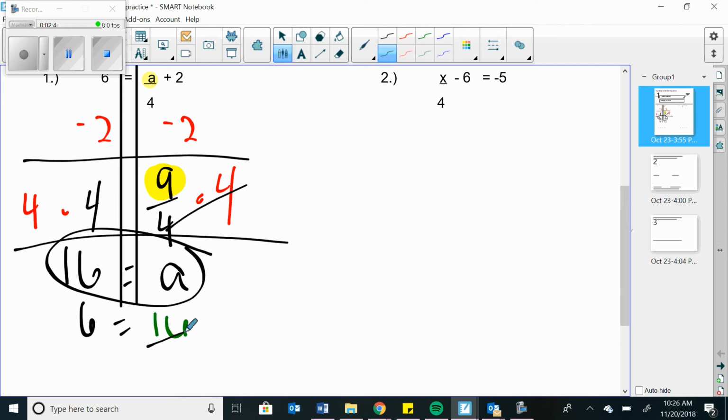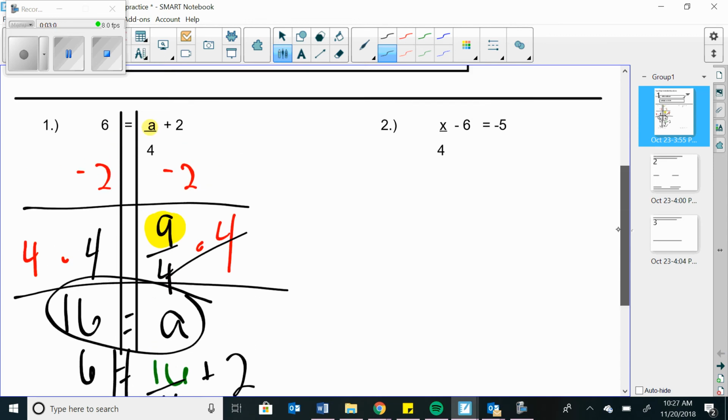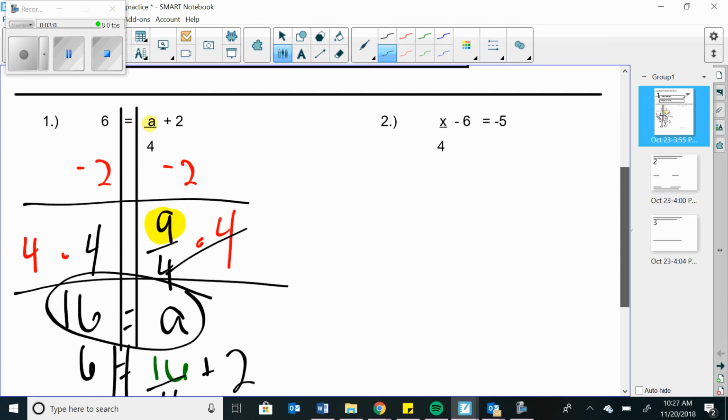It tells me to divide by 4 and add 2. 16 divided by 4 is 4, plus 2. 6 equals 6.